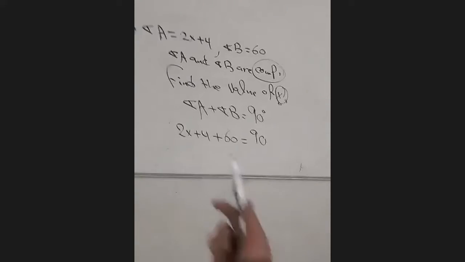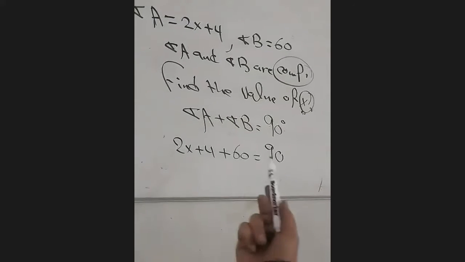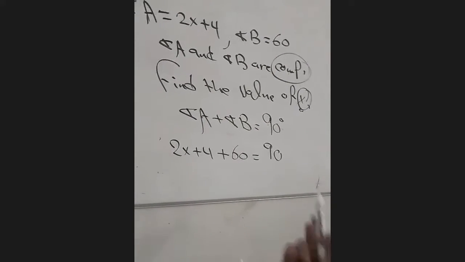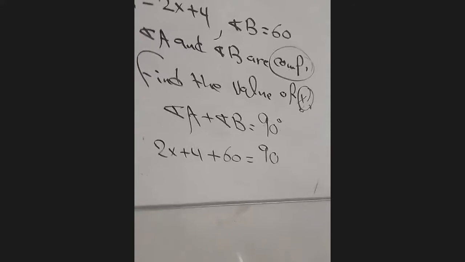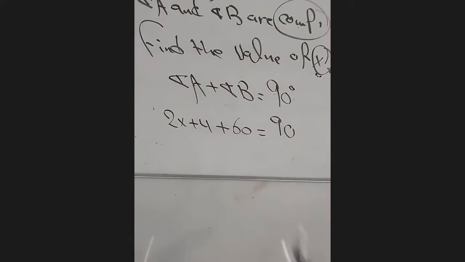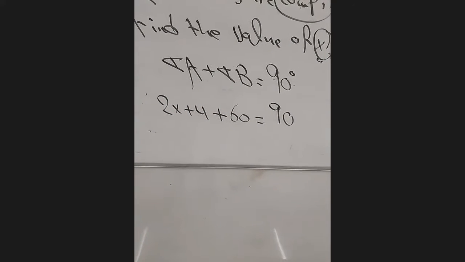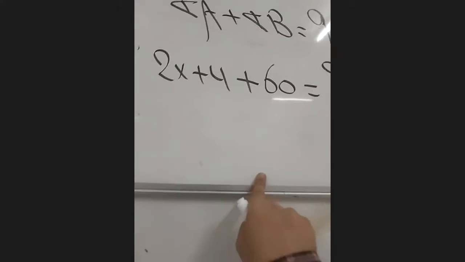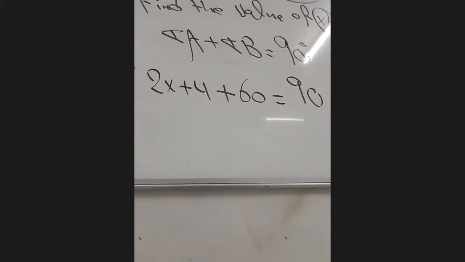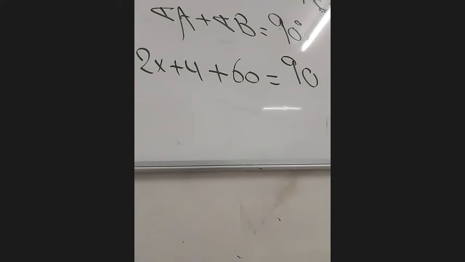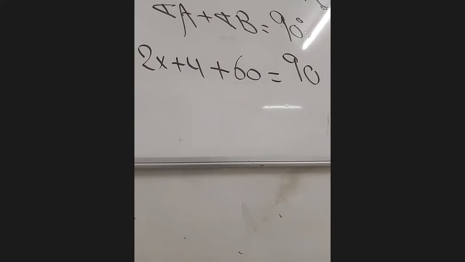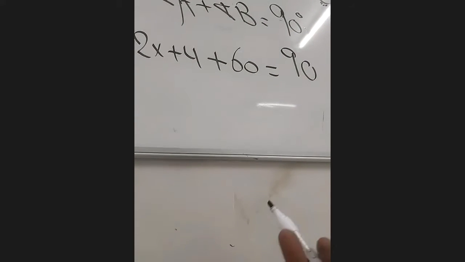Now, this is an equation. And I think Mr. Shadi taught you how to solve 2-step equations, right? Yes. Let's solve the equation. Do you know how we solve this equation? We take the 4, we put it as minus 4, then we put it again on the other side, minus 4. 60 minus 4 equals 50. Wait.